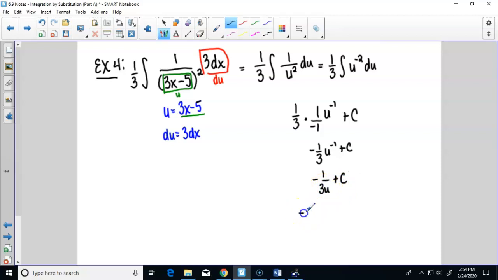So we'll have negative 1 over 3 times 3x minus 5, plus c. Okay, questions?